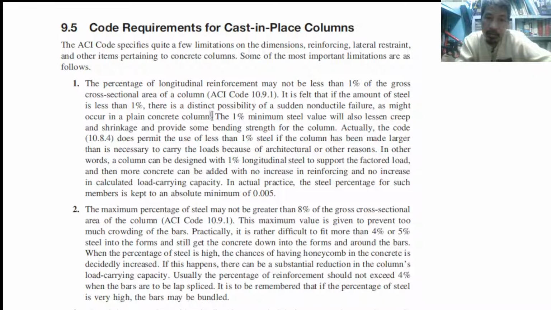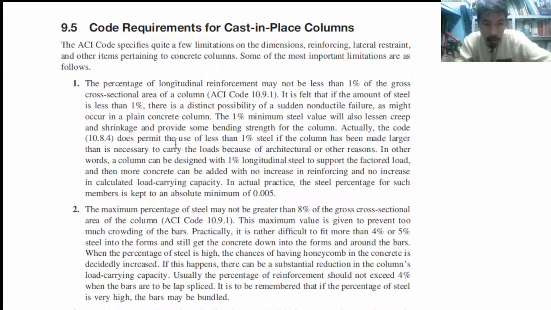So negligible steel, that's why it is now non-ductile. 1% minimum steel value will also lessen creep and shrinkage and provide some bending strength. Okay, that is true.